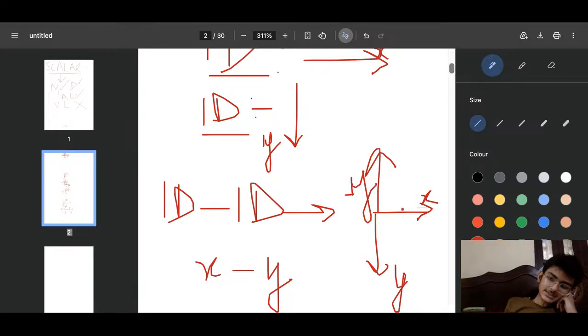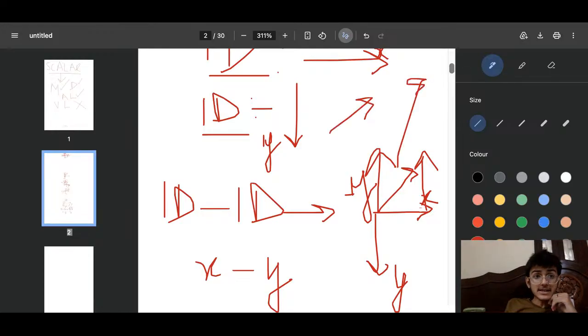Then you have to make the vector addition. So just shift this vector here. What's the miracle you're seeing here? When you are subtracting 1D from 1D, you end up with a direction, this direction, and it has its own length. It is not dimensionless, not zero length. Then how can we explain it? So just look at it.